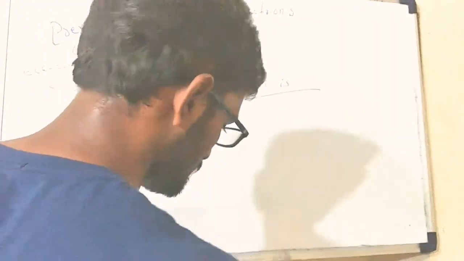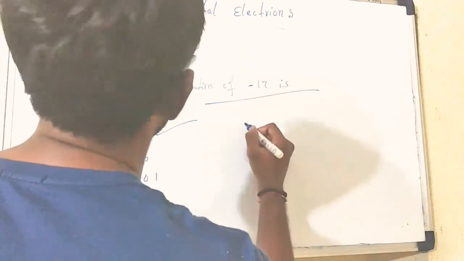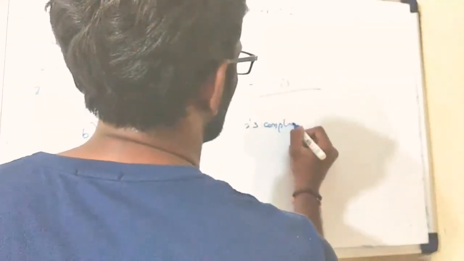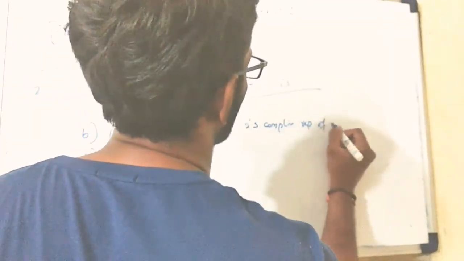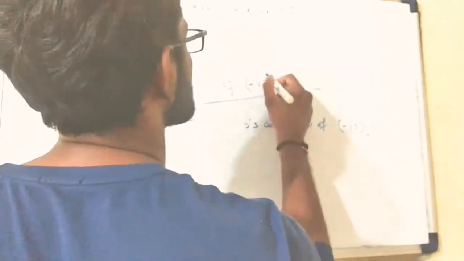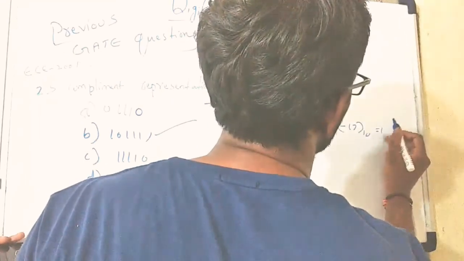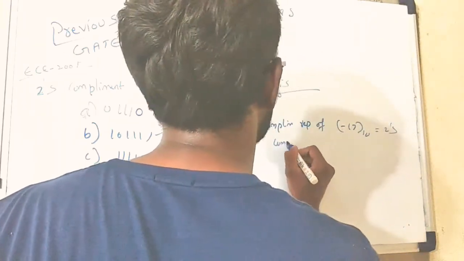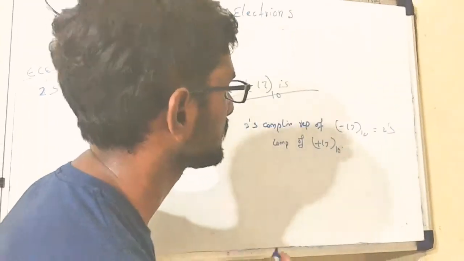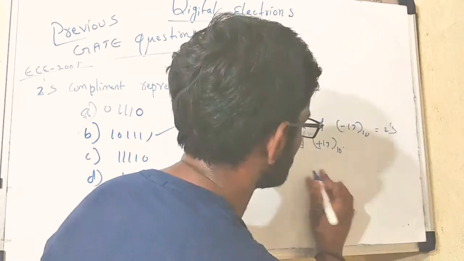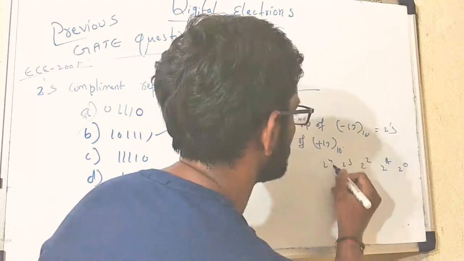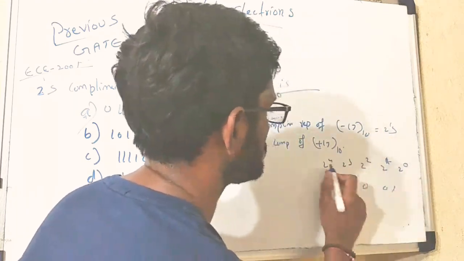Now we will see the normal procedure. The 2's complement representation of minus 17 equals the 2's complement of plus 17 in base 10. First for 17 I write the binary value: 2 power 4, 2 cube, 2 square, 2 power 1, 2 power 0, that is 1 0 0 0 1. 16 plus 1 is 17.